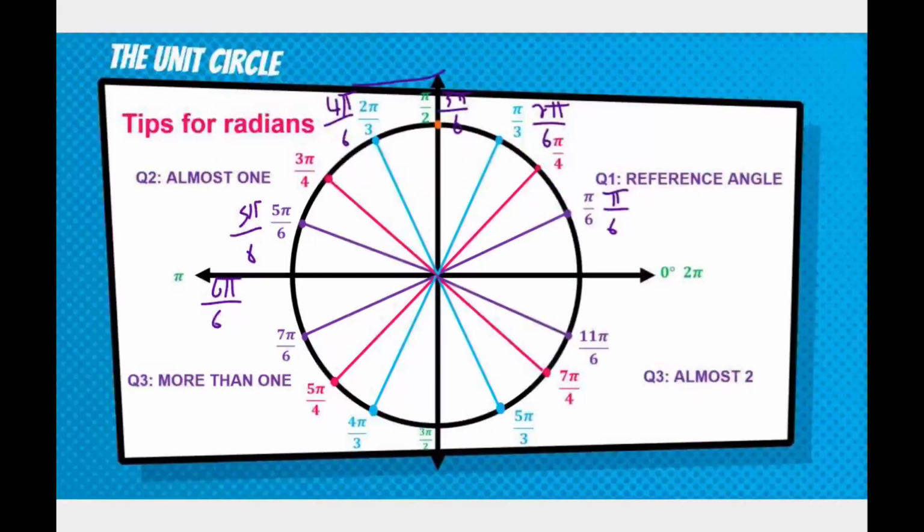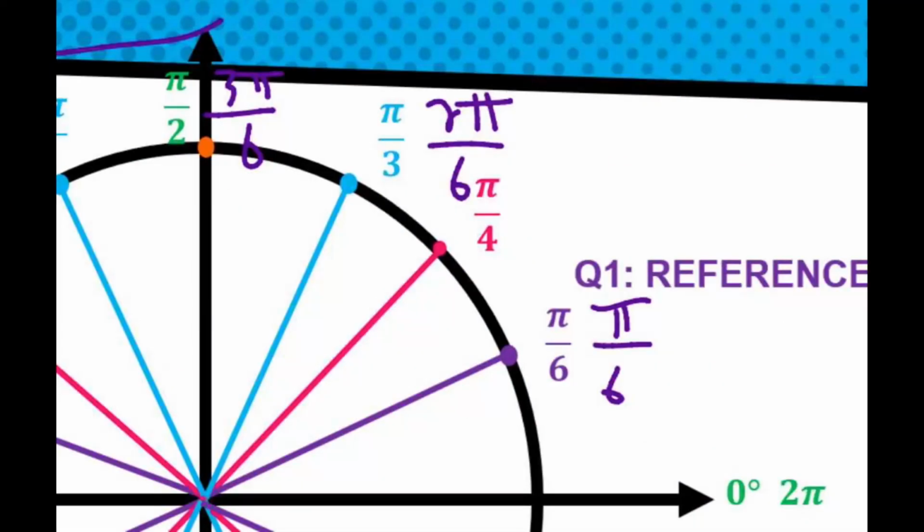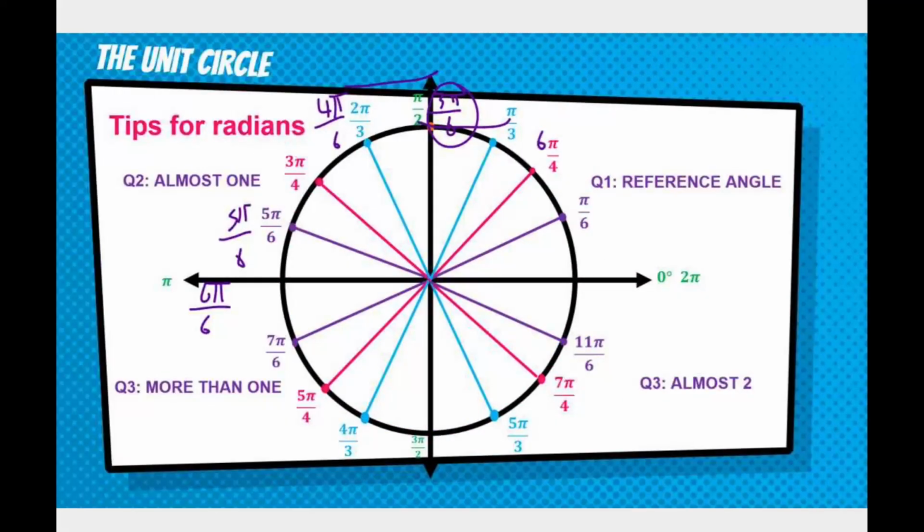And we can do that all the way around, starting with pi over 6. And notice this just simplifies to pi over 3. That simplifies to pi over 2, so on and so forth. So that's another pattern that you can think about too. Starting with pi over 6, you have to skip the 45 degree ones because those don't fit, obviously. But that's a way that you can do that as well.